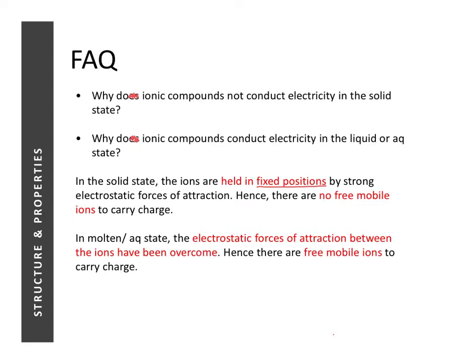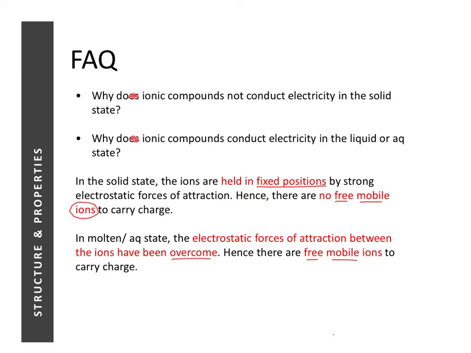Therefore, there are no free mobile ions to carry charge. In an ionic compound, the thing that's plus or minus is your ions. So when you pass a current through, the ions will move to carry the charge. In molten or aqueous state, the electrostatic forces of attraction have been overcome, so now the ions can move freely.